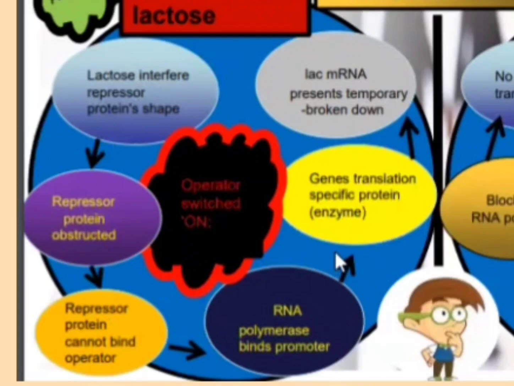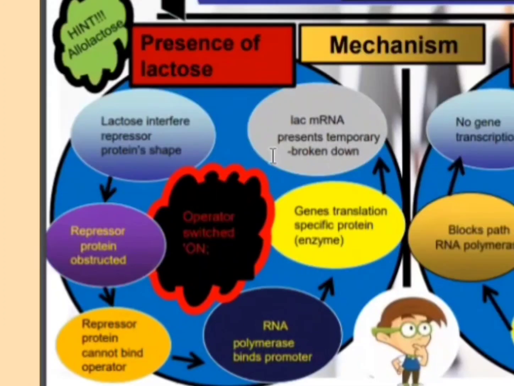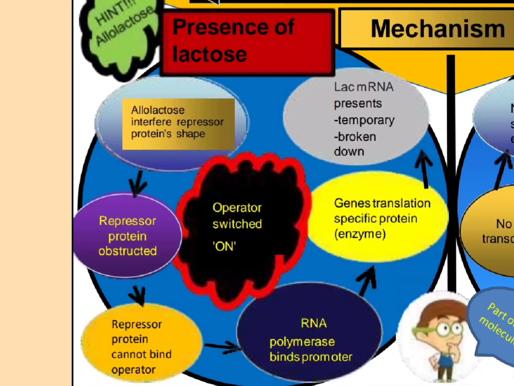In this process, gene translation occurs to make specific protein, known as enzyme, from polypeptide. Lac mRNA is present, but only temporarily, as it is broken down when the concentration of lactose degrades. In this whole process, the operator is said to be switched on.